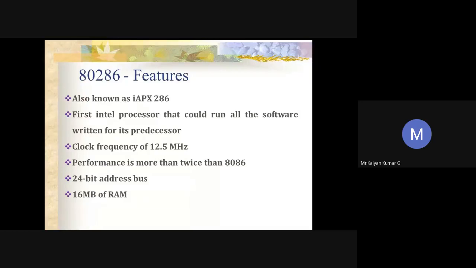If you see instructions, as I said, we didn't discuss in detail about instruction sets, so you will not be able to know. Here I said we have additional instructions, but in 8086 we don't have those instructions, so we cannot compare this.